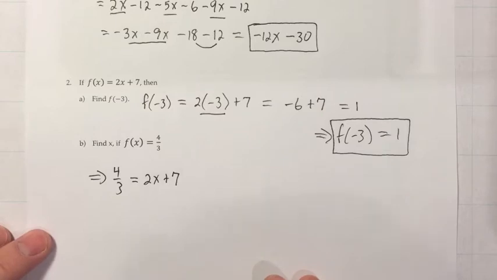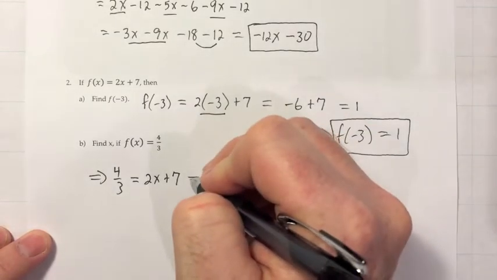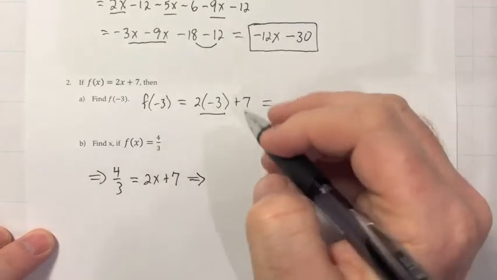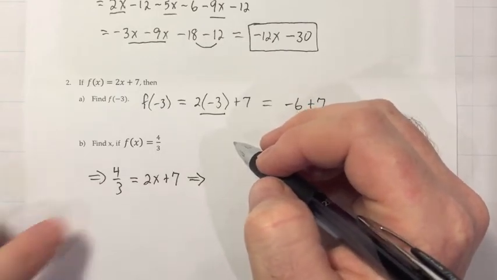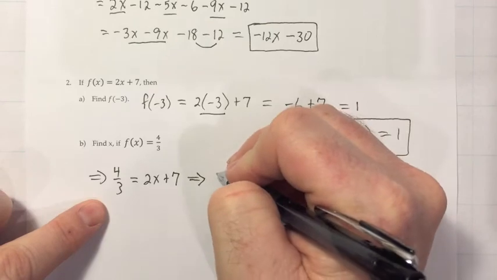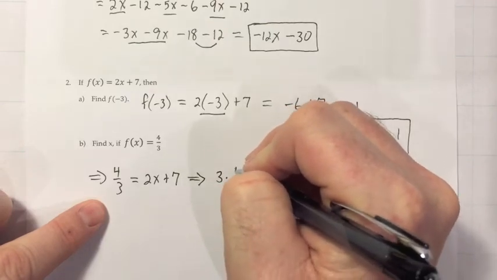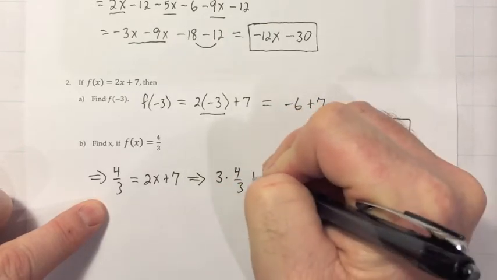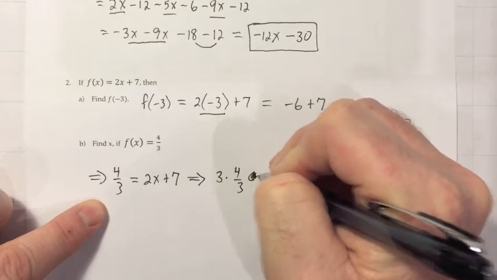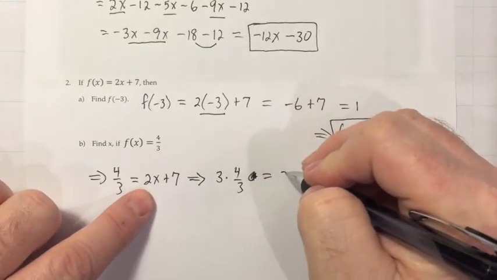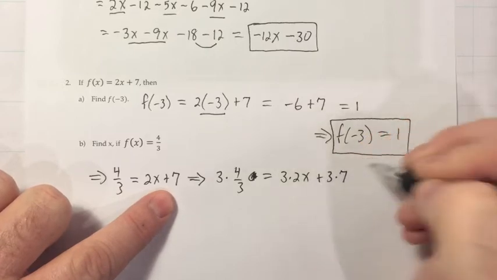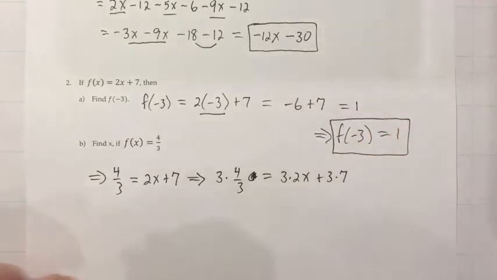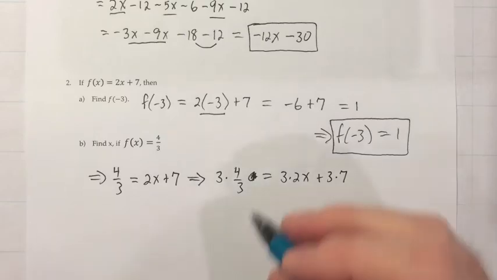And this equation has fractions in it, so the smartest first step, in my opinion, would be to multiply through by the LCD. There's only one fraction, has the denominator of 3, so we'll multiply every term by 3. So 3 times 4/3 equals 3 times 2x plus 3 times 7, multiplying every single term by that 3, and we do get some cancellation, which is why we do it.